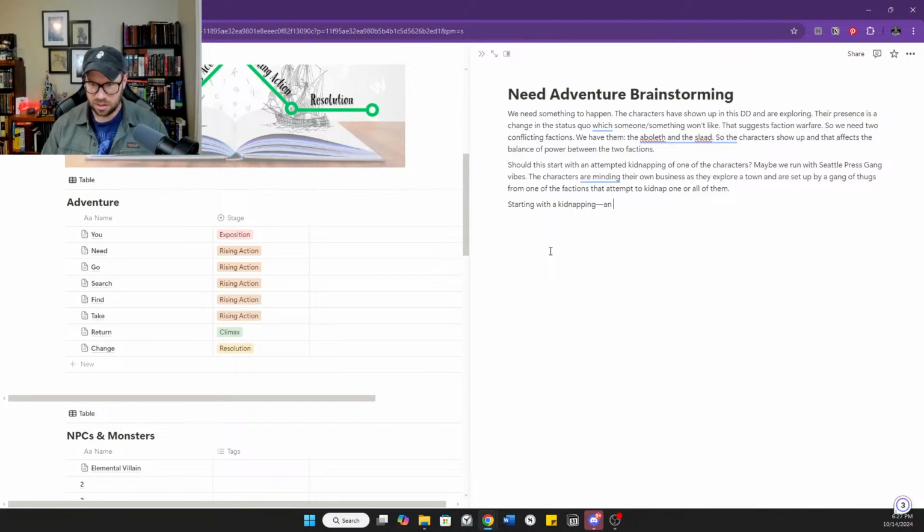Kidnapping, an unfair fight that results in a loss by the characters, who wake up in a facility run by one of the factions from which they must escape.